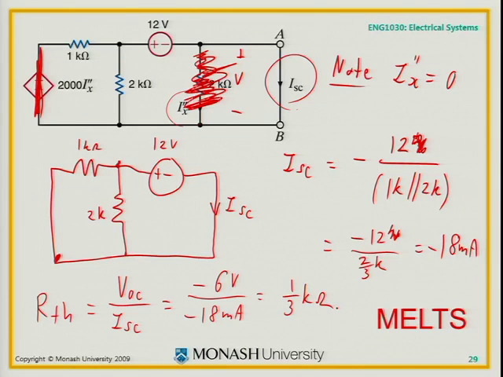The Thevenin voltage is the open circuit voltage at minus 6. The Thevenin resistance is this ratio of the open circuit voltage to the short circuit current, which is 1/3.